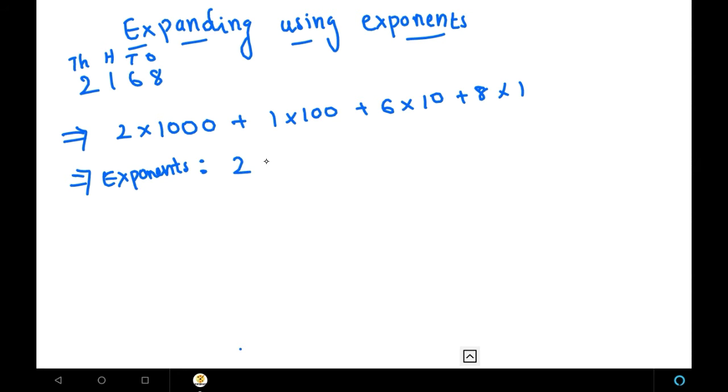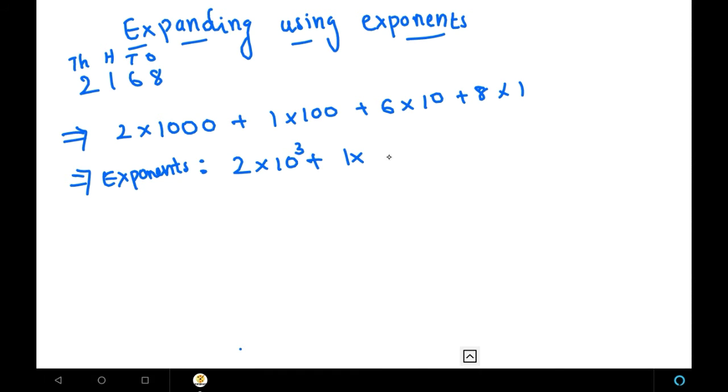That will be 2 into 1000, right? We are not going to write 1000 as it is. We are going to write 10 power 3. That means we take base as 10 and power as the number of zeros. So here there are 3 zeros, so we write base 10 and power 3.